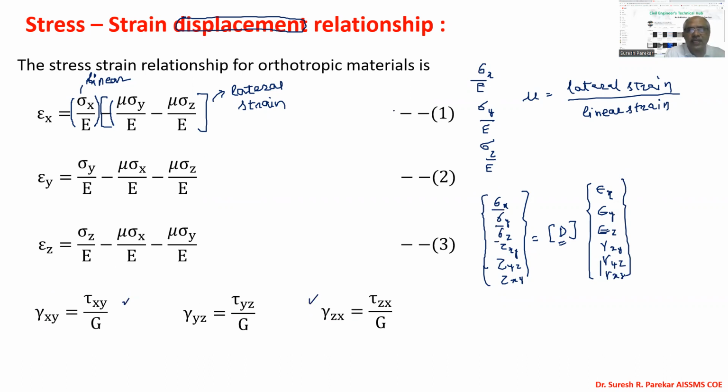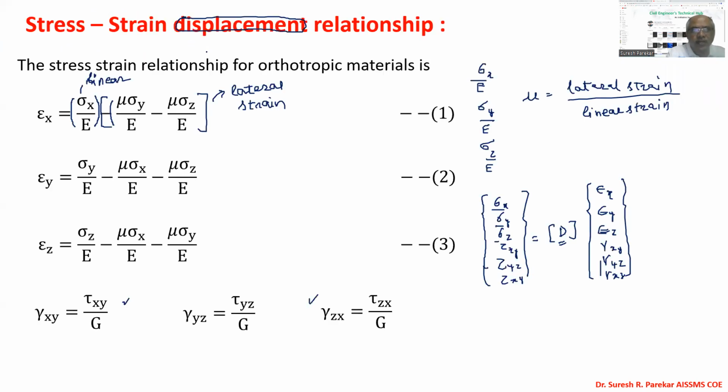So now we have these equations 1, 2, 3. We will add these 3 equations. Adding equations 1, 2, and 3, and from this, what we will get, I will simplify a little bit: E into epsilon x plus epsilon y plus epsilon z is equal to, now try to understand this.